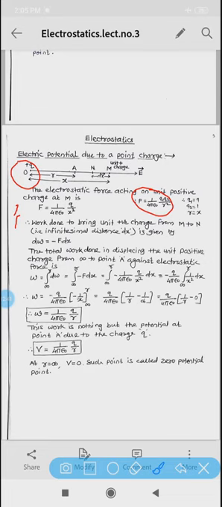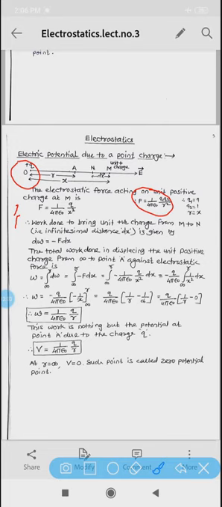Now let N be any point between M and A, and suppose the distance between M and N is very small. It is also called infinitesimal distance dx.